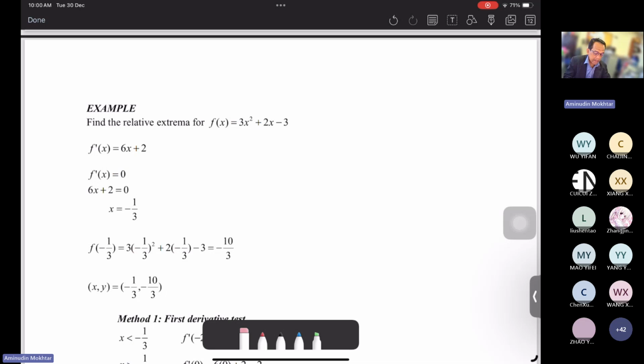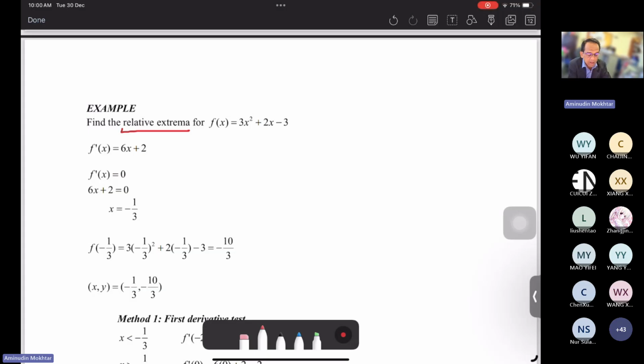The relative extrema refers to the minimum point or maximum point. You need to decide that point, whether it is a maximum or minimum point.